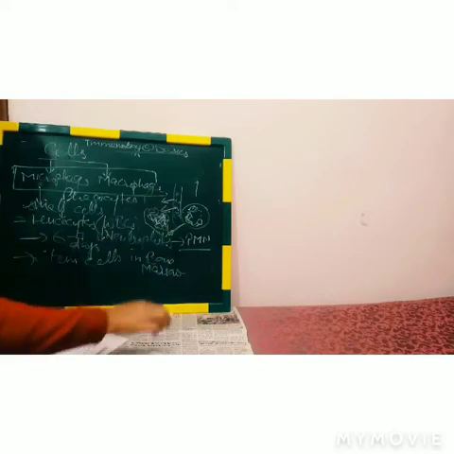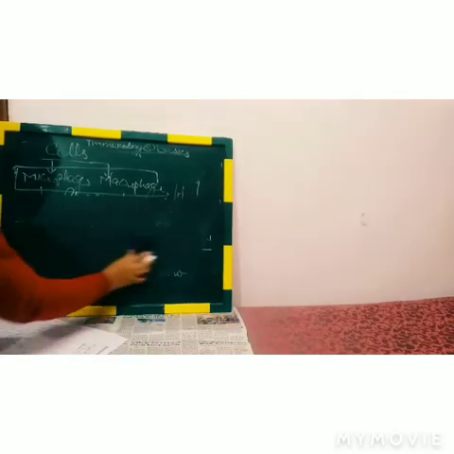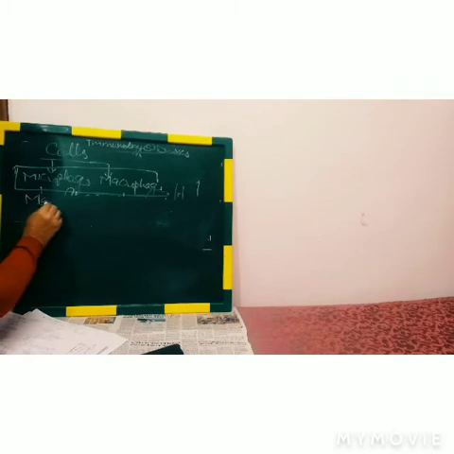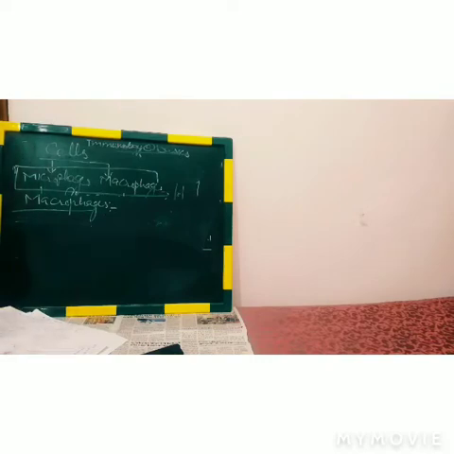The second type of cells which phagocytize are the large cells, which are called macrophages. Now, what are macrophages?